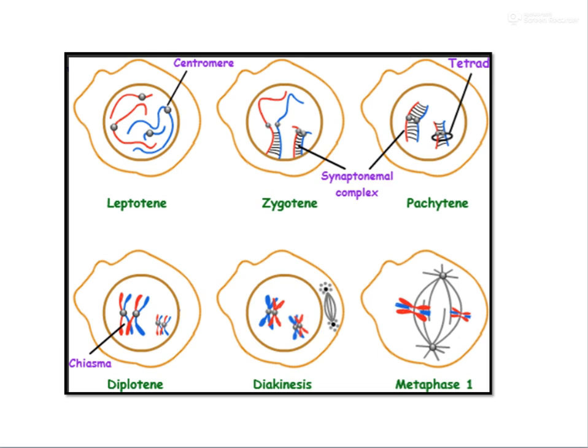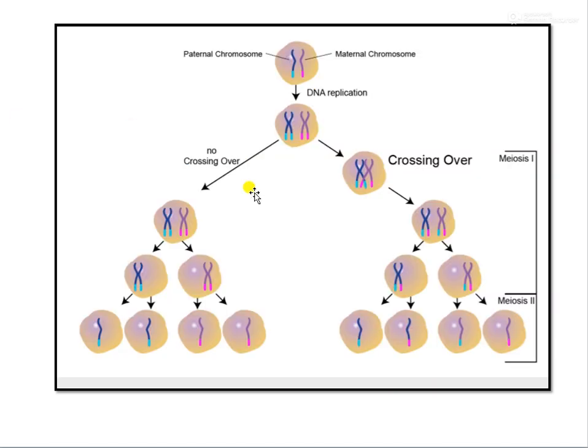I can show you a picture here, where the cell is entering meiosis 1. A duplex is being formed, and in this chromosome also a duplex is being formed, and when they pair together it results in the formation of a tetrad.